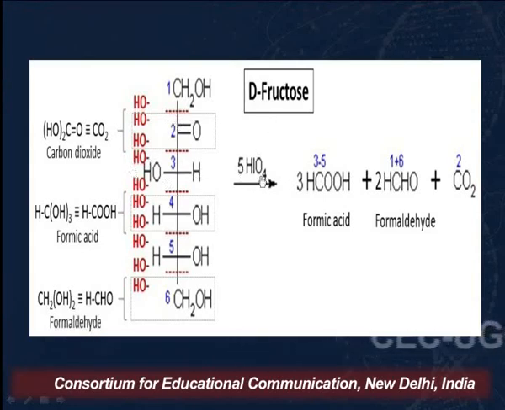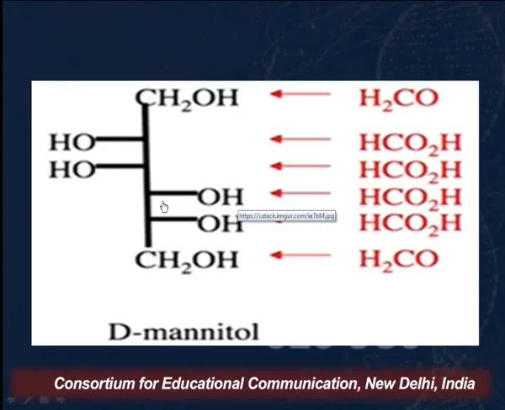These secondary alcoholic groups, at the 3rd, 4th and 5th carbon, will be oxidized to formic acid, and then this group, which is a primary alcoholic group, will be oxidized to formaldehyde. So we will get 2 molecules of formaldehyde, 3 molecules of formic acid and 1 molecule of carbon dioxide when we carry out the periodic oxidation of fructose.